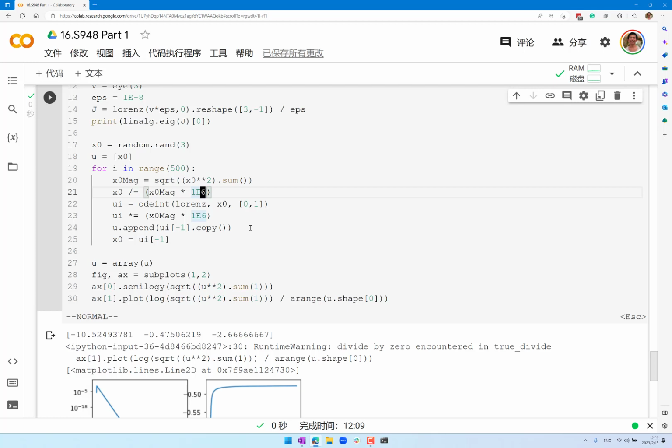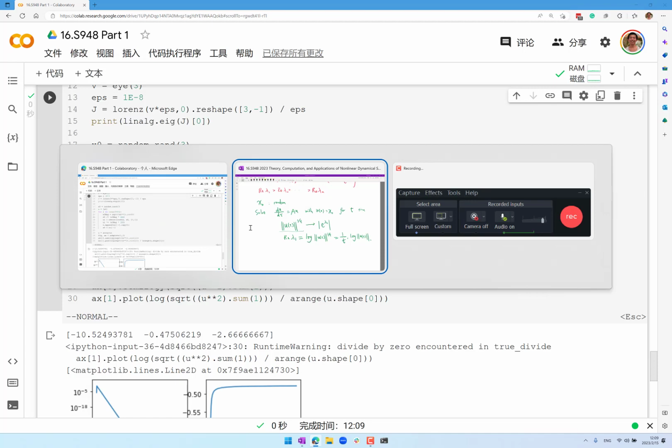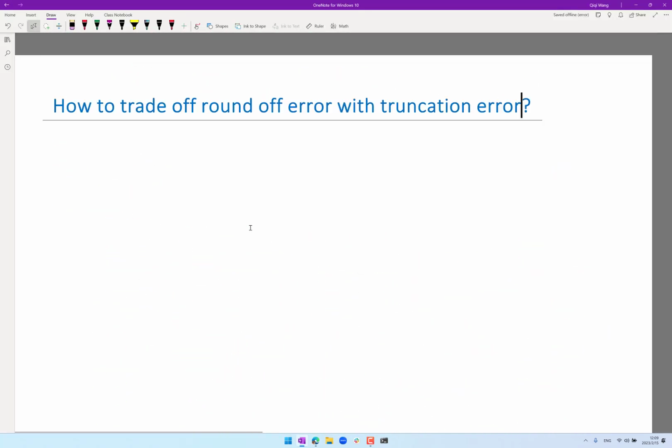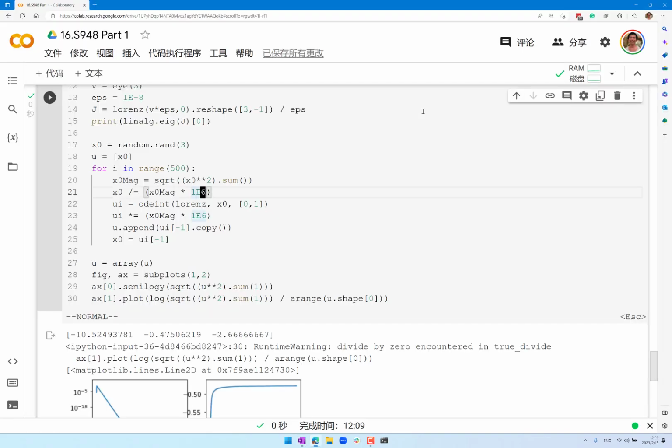Because we are now dealing with a nonlinear system, right? A nonlinear system not only has round-off errors, but also has truncation errors. So essentially, when we are feeding the initial solution to odeint, we want to make sure that the solution we get is neither too close to the fixed point, which is going to incur round-off errors when we do the subtraction, nor too far away from the fixed point.